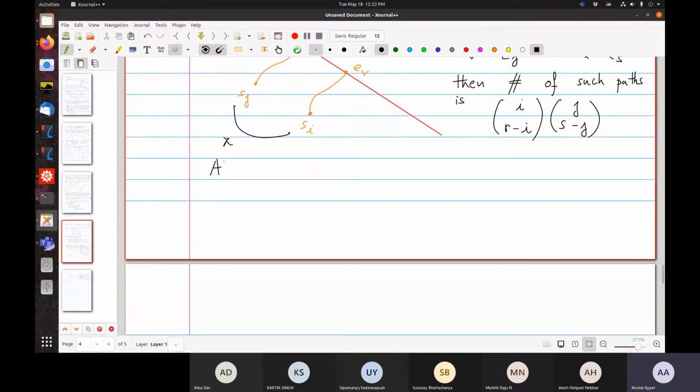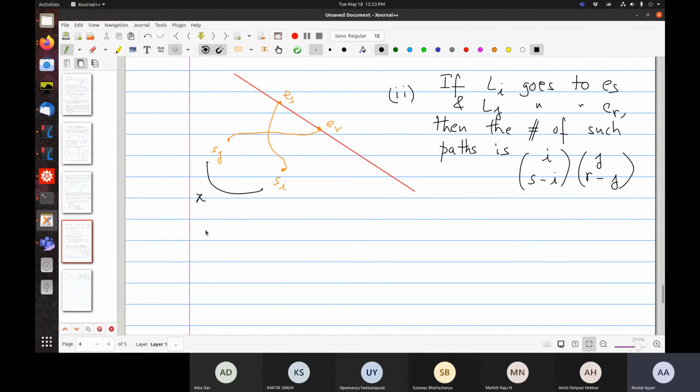So all such paths, whether they intersect or not, contribute plus to WL pi, and similarly all such paths, these will of course necessarily intersect, all such paths contribute -1 to WL pi. So, right, is that clear?